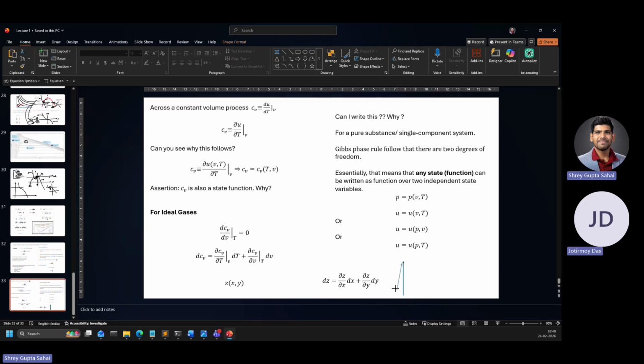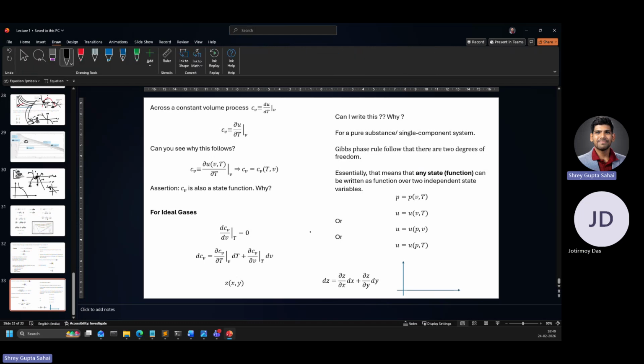If you have any state function, and you move from one state to another state. So if I move from, let's say, here to here, and my two independent variables are x and y. Because this is a path independent quantity, I could go using this route.